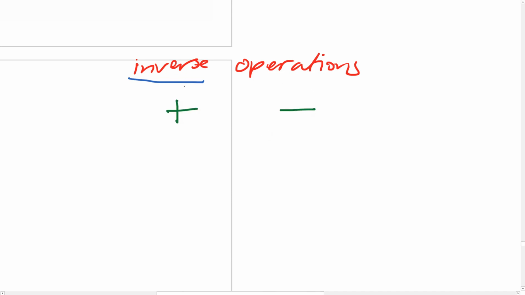So inverse is basically saying what is the opposite value of that number or that term. The opposite of subtraction would be addition, the opposite of multiplication would be division, and the opposite of division would be multiplication.